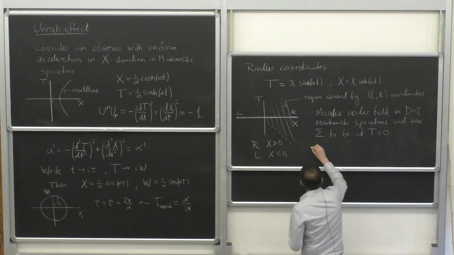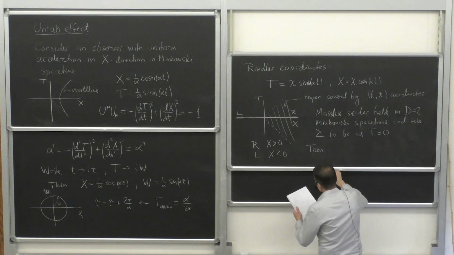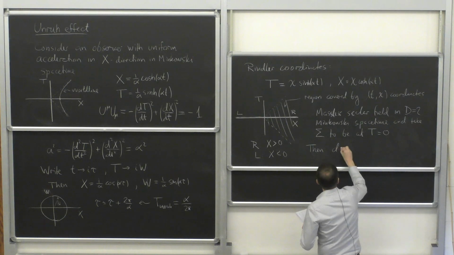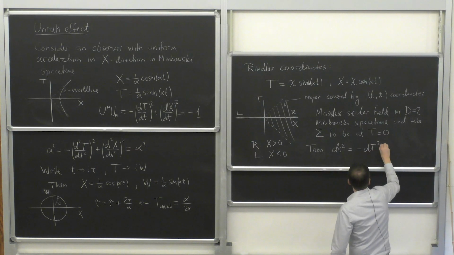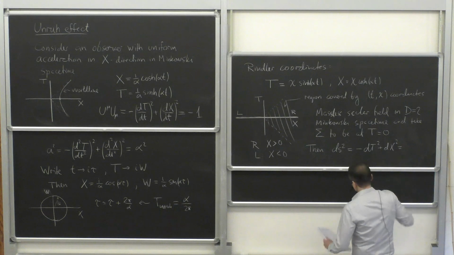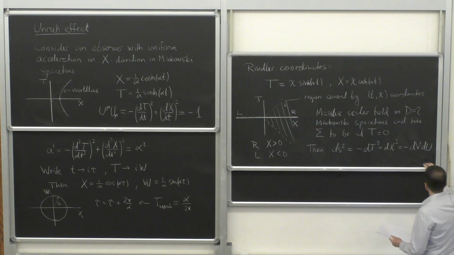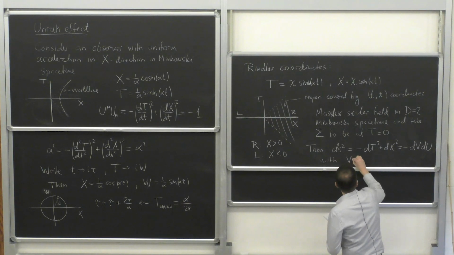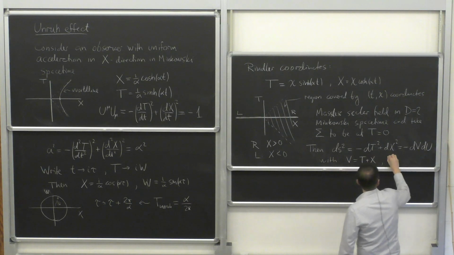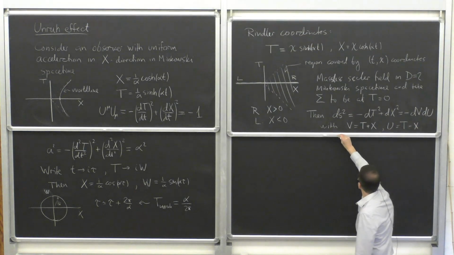So on the one hand, I can write this as, of course, just minus dt squared plus dx squared. And I can write this as I did yesterday for the part inside my massless shell, as dv du, with capital V being t plus x, capital U being t minus x.